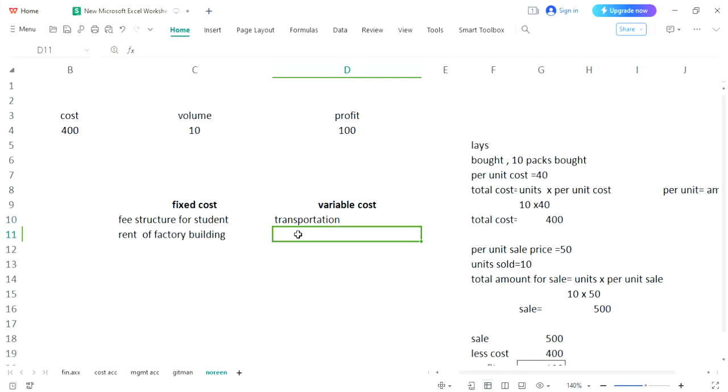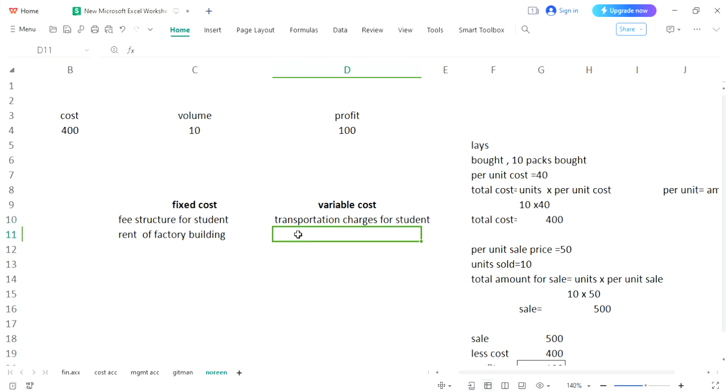If you come for 1 day, your rickshaw charges or auto charges would be different than if you are coming for 6 days. Obviously for each day you will have to pay more. Transportation charges for a student is a variable cost.